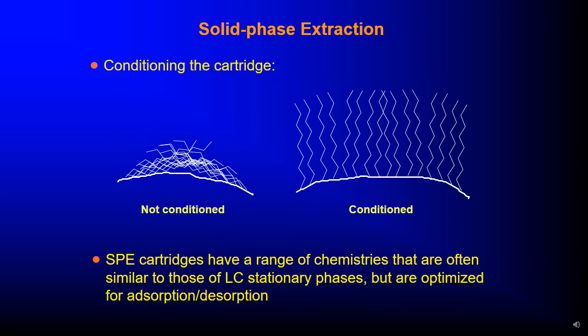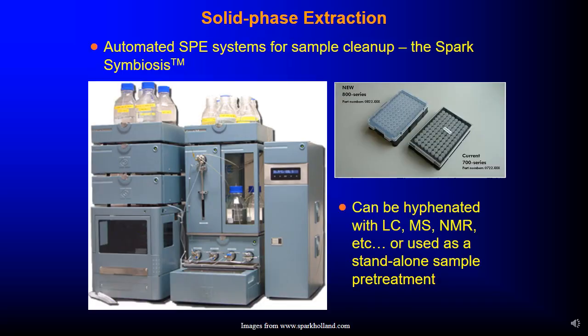Solid phase extraction: conditioning the cartridge, you see this is non-conditioned, this is now conditioned. Solid phase extraction cartridges have a range of chemistries that are often similar to those of liquid chromatography stationary phases but are optimized for adsorption and desorption.